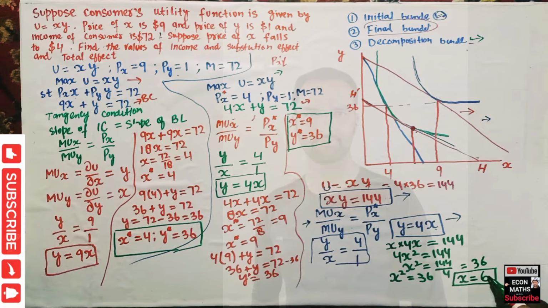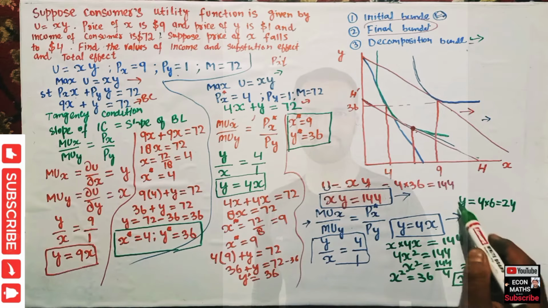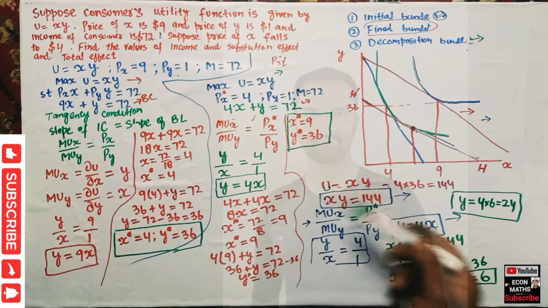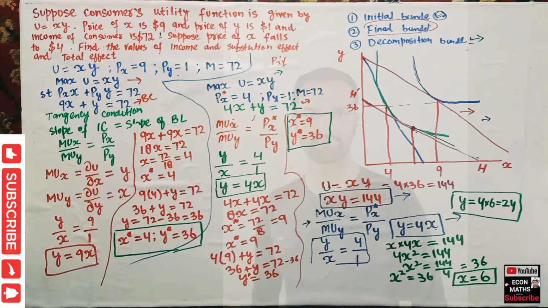Now if x is equal to 6, what will be y? Y is equal to 4 into x. What is x? It is 6, so 4 into 6 is 24. Okay, now you need to give attention to this thing which I have used here.